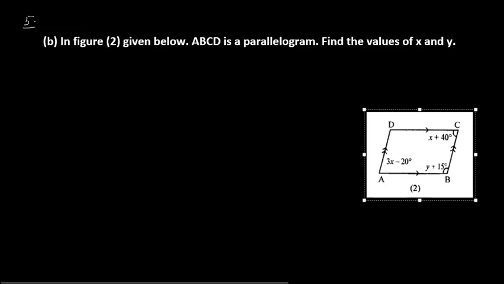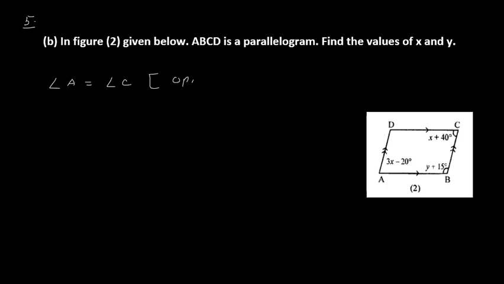Now here ABCD is a parallelogram. So angle A equals angle C. In a parallelogram, opposite angles are equal.